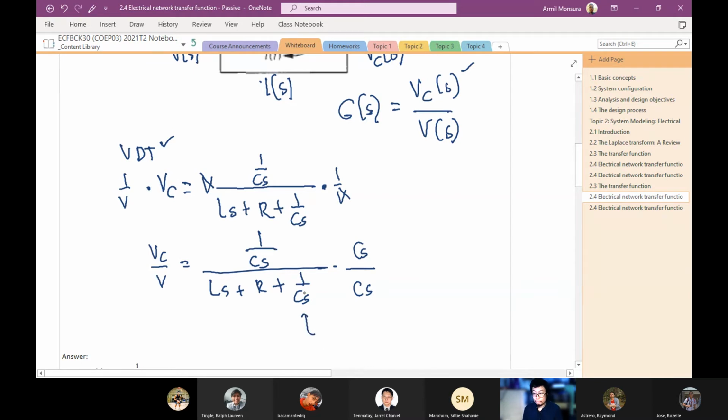To eliminate this fraction, multiply ko yan ng CS para maging 1 yan. And then, i-multiply ko itong CS na to sa lahat ng terms, pati sa numerator. So this becomes now 1. Kasi CS times 1 over CS yan. So that is 1. Over, that is LCS squared plus RCS plus 1.